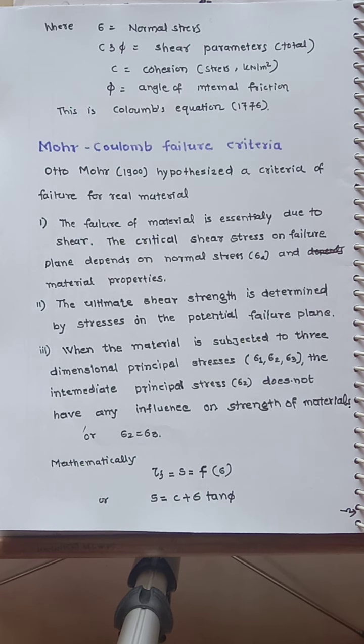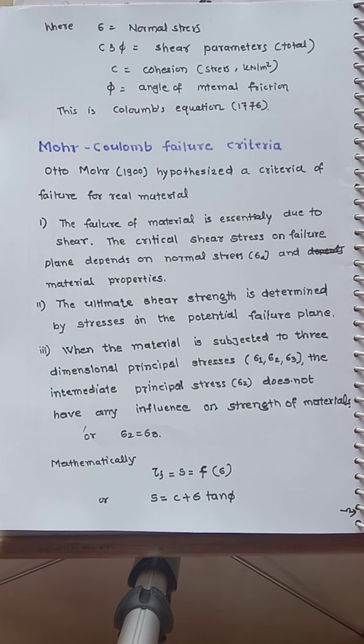It's not directly the external loads that are responsible, they are only the directly measurable forces or stresses. But inside on the failure plane, one stress perpendicular to the failure plane is called the normal stress, and parallel to that is the shear stress. These two are developed.